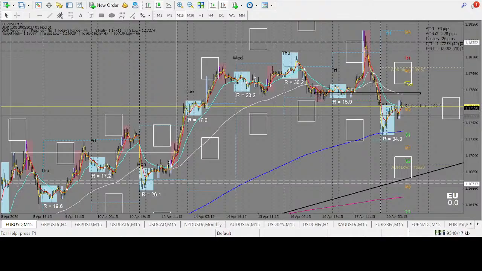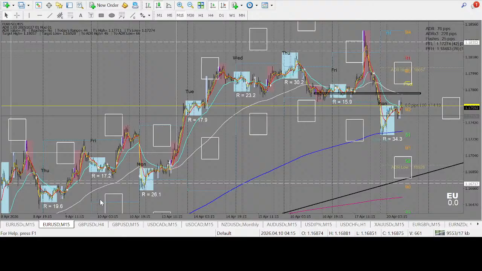Sasa Euro USD ni soko ambalo huwa lina uniqueness fulani, kwamba uniqueness ya Euro USD ni kwamba hii huwa ndo tunaitumia kama standard, kwa maana ya kwamba the pip value calculation huwa inazingatia kwa Euro USD.